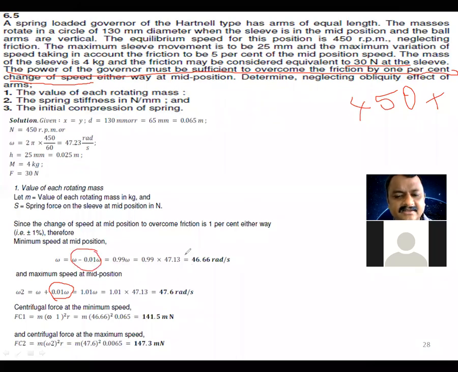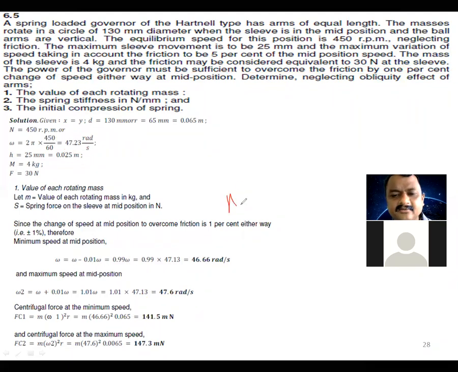So at the mean angular velocity, it is 47.23. Minimum speed will be 46.6 radians per second, that is a 1% decrease. Maximum speed will be a 1% increase, that is 47.6 radians per second. So taking these two important things, I can find out N1 and N2 and also omega 1 and omega 2.